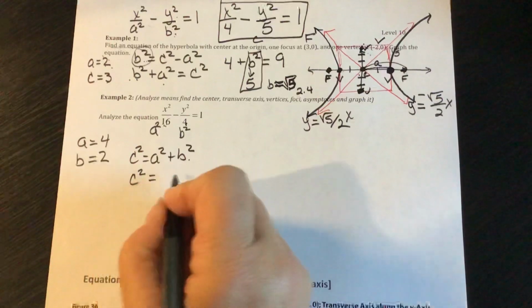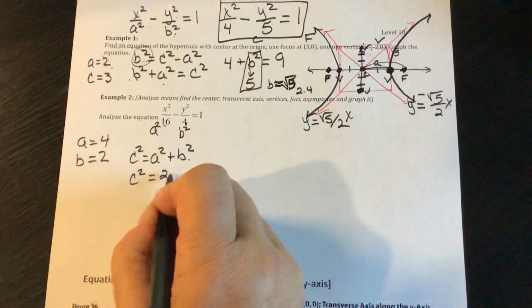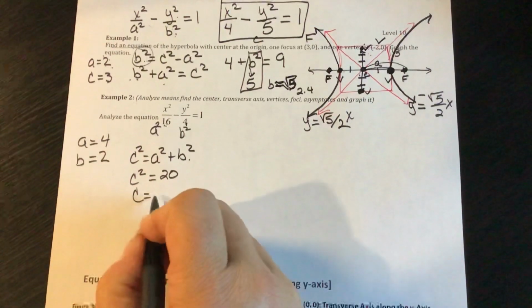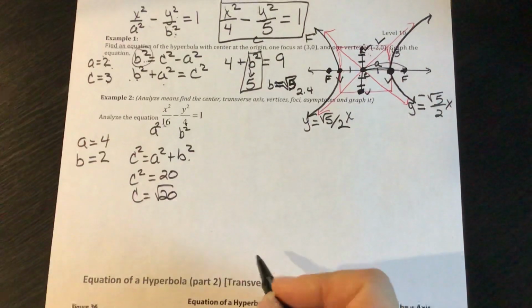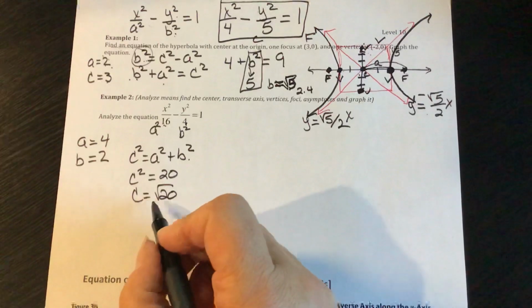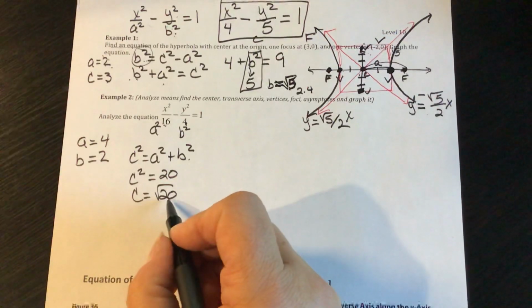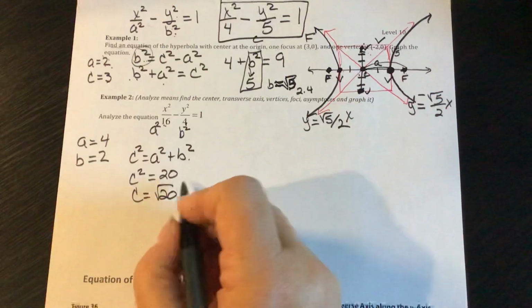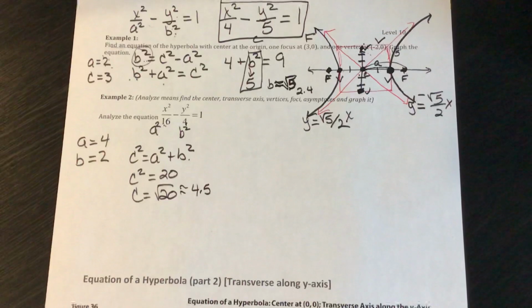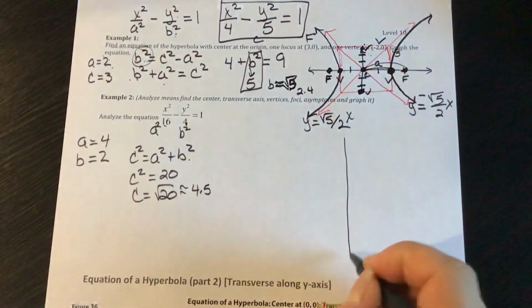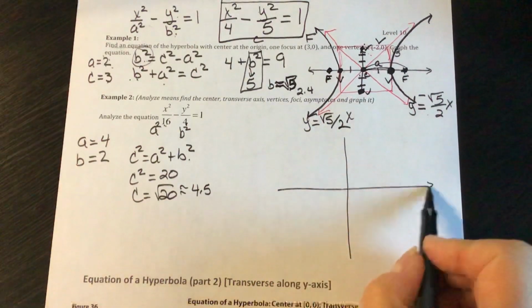So c squared equals 20, and c is the square root of 20, which would be approximately, well, 4 times 4 is 16, 5 times 5 is 25, so this is approximately 4.5. And that's what we'll use when we graph.